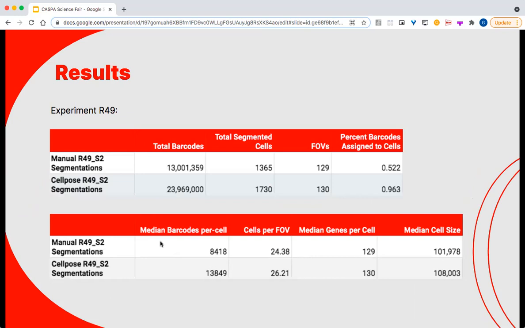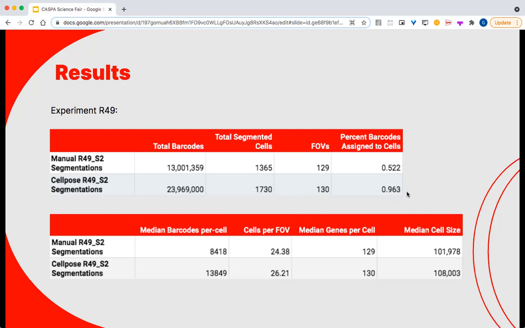In the first table, we can see the total barcodes, which in this case essentially means the number of barcodes or transcripts that were assigned to a cell. So we can see that CellPost assigned many more barcodes to cells than manual segmentation did. And that's also reflected in a lower percentage of barcodes assigned to cells for manual segmentation compared to automated segmentation.